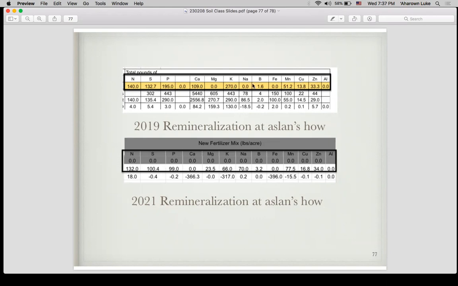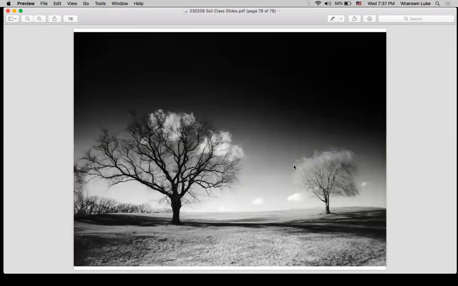So I did put quite a bit of these trace elements in, but over the period of a winter, they are needing to be replenished. So that is an annual process. Okay, that's the end.